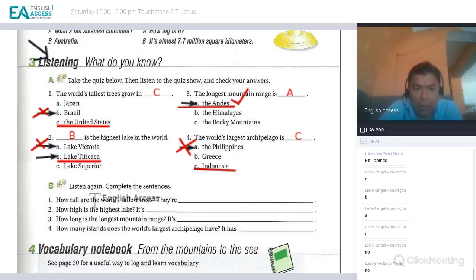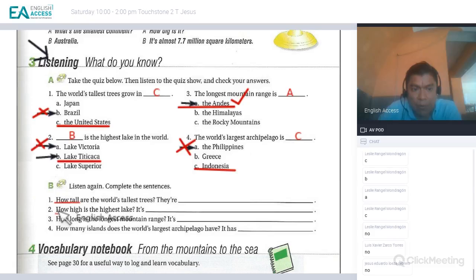So look at this. How tall are the world's tallest trees? How tall? If you didn't catch the answer, how tall? Okay. This is for number one, the trees.